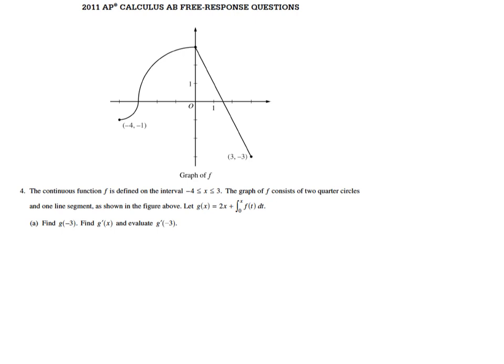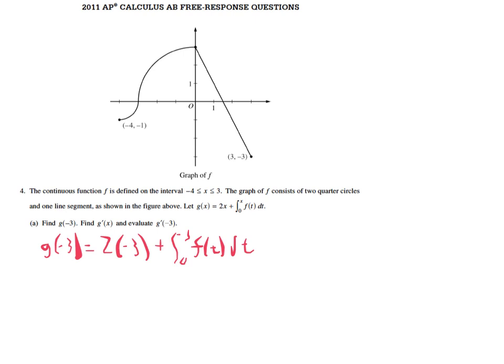So g of -3 is the first thing we have to do here. g of -3 would equal 2 times -3 plus the definite integral from 0 to -3 of f of t dt.